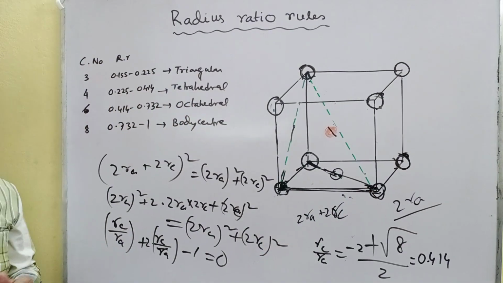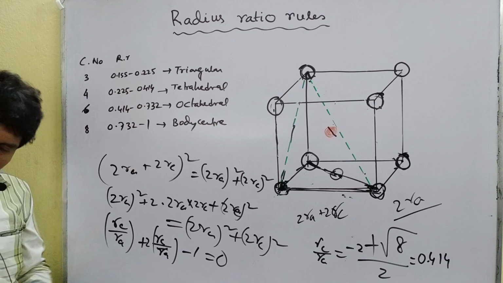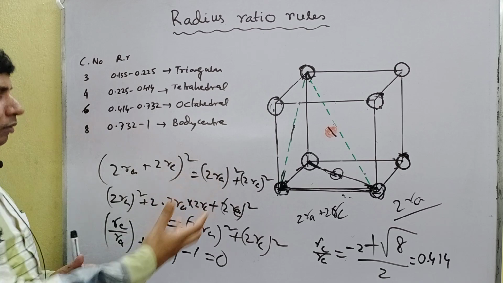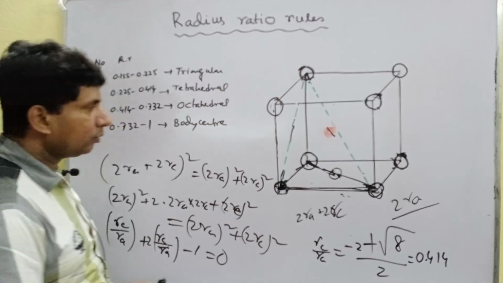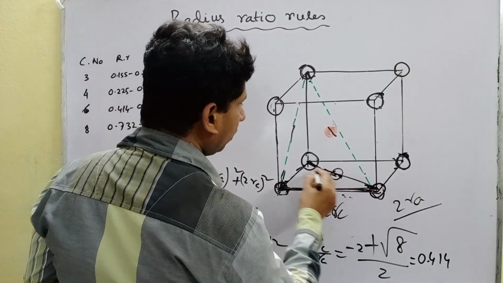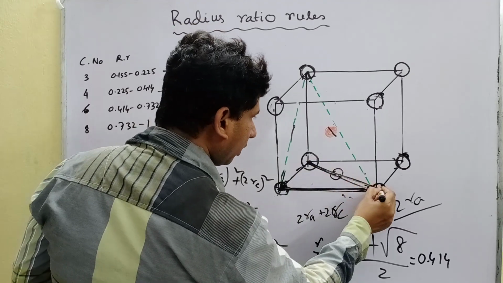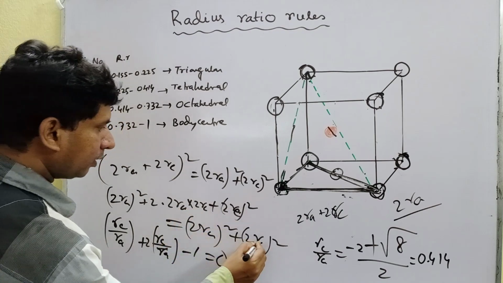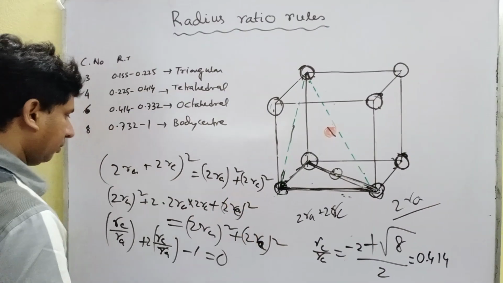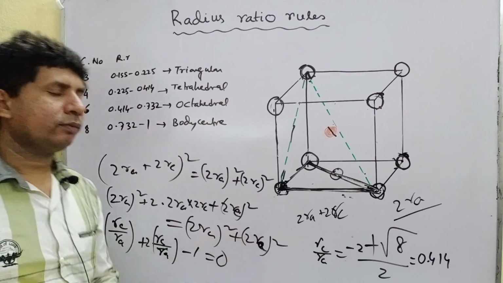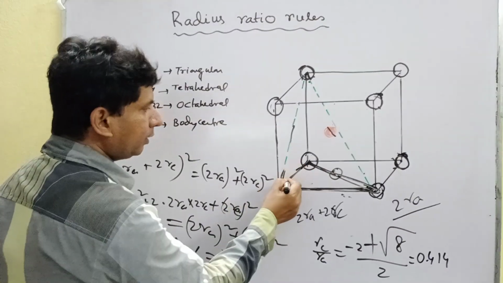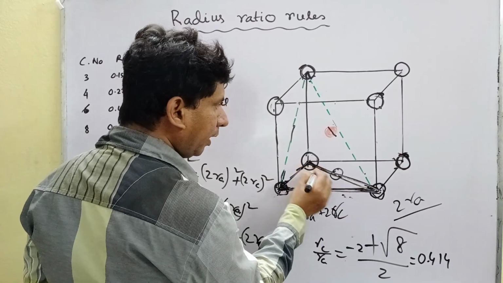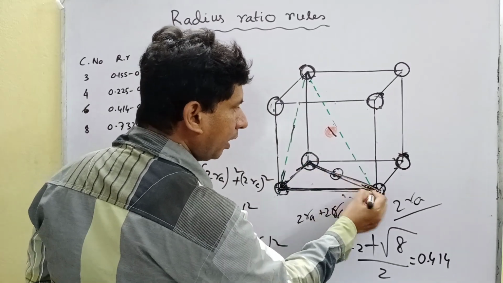This hypotenuse is actually 2RA plus 2RC, and the sides are RA, RC, RA.